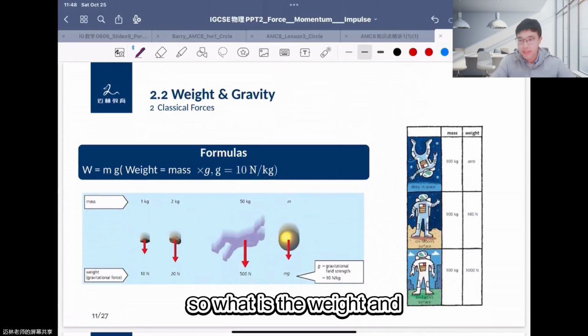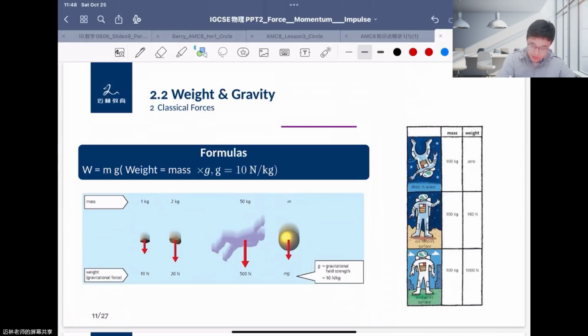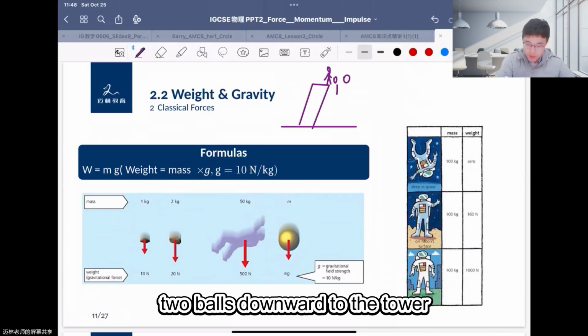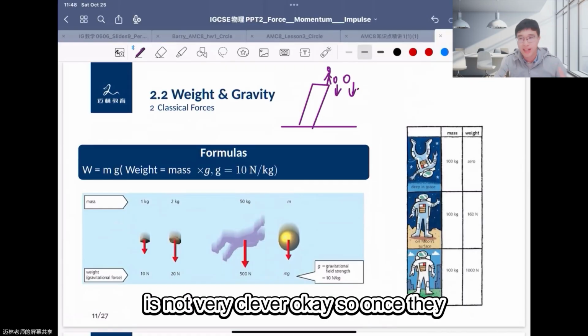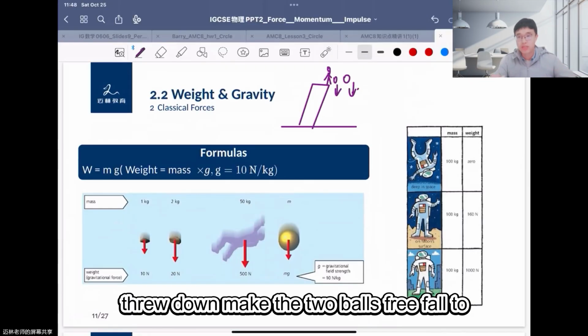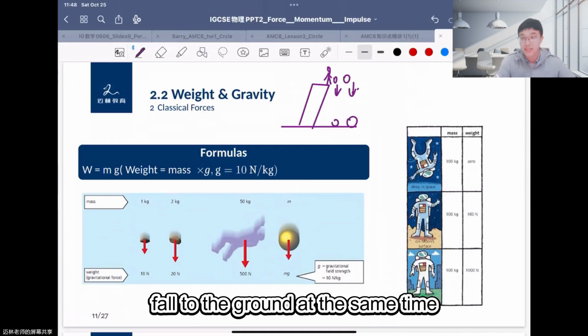So what is weight? A long time ago, there was a scientist who stood on a tower and tried to throw two balls downward from the tower. At that time people were not very knowledgeable. He made the two balls free fall to the ground, and he found that the two balls fell to the ground at the same time.